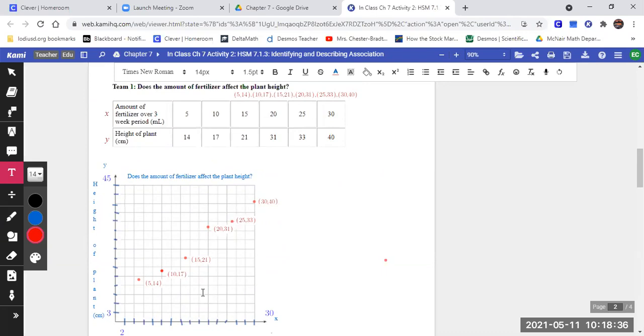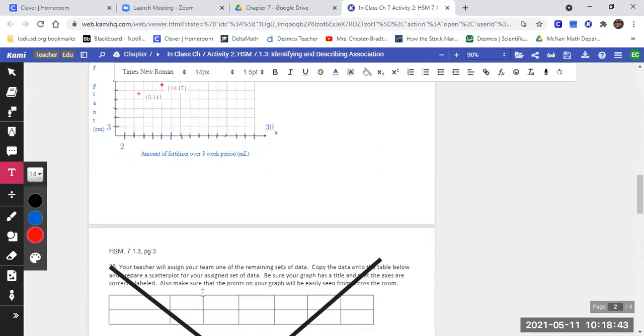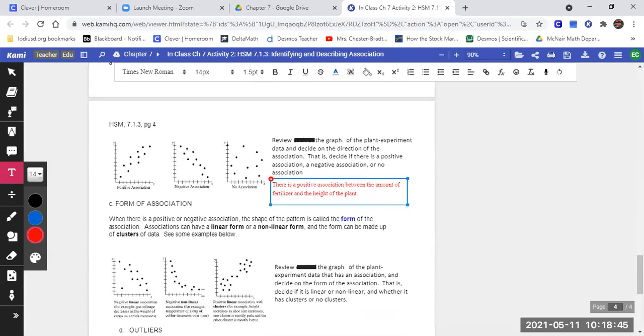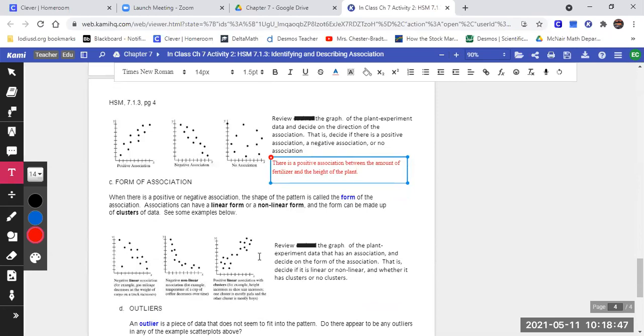Because a straight line is called linear, a not straight line is called non-linear. Okay, so straight line, linear.